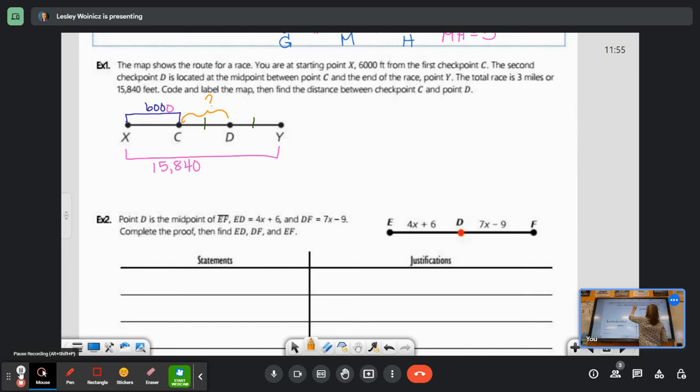So we can take 15,840 and subtract the piece we know, and that will give us CY, the length of segment CY.